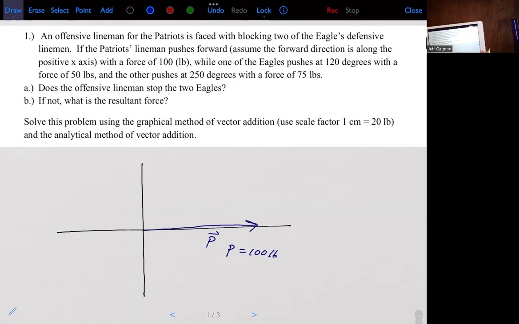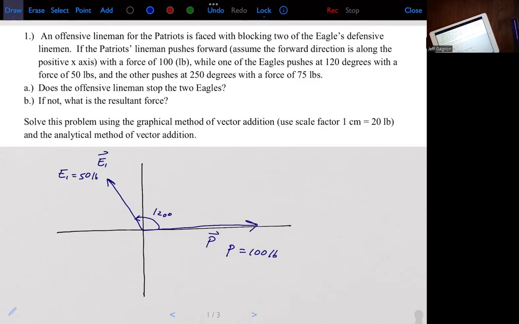Then we have the Eagles player, I call it like E1, is pushing at 120 degrees with a force of 50 pounds, right? So 120 degrees is something like this. Right, where this is 120. So I'll call this like E1. And the magnitude of E1 is 50 pounds.